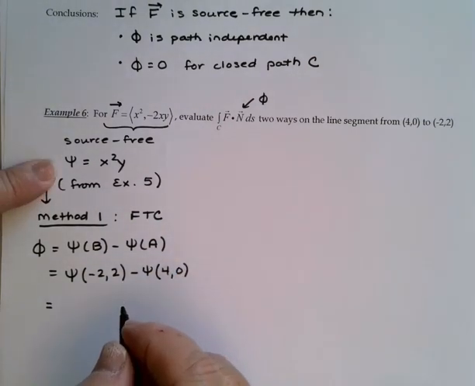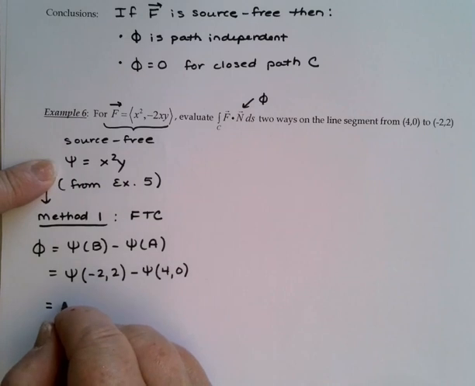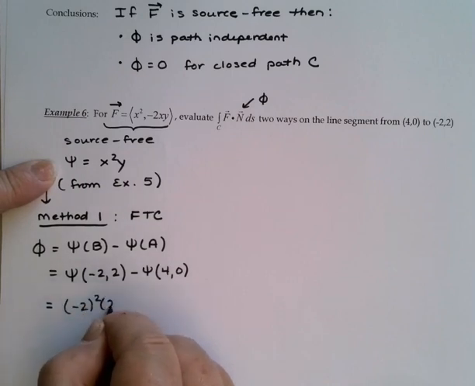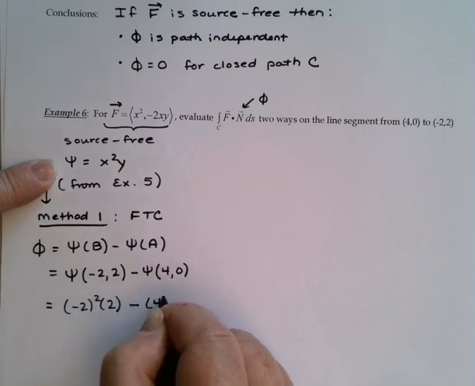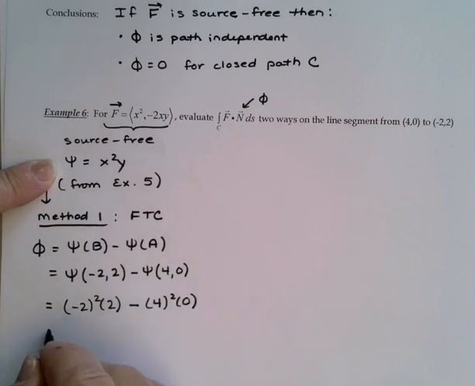So plugging into my phi function, I would have (-2) squared times 2, subtract 4 squared times 0, which is going to give me 8 minus 0, which is still 8.